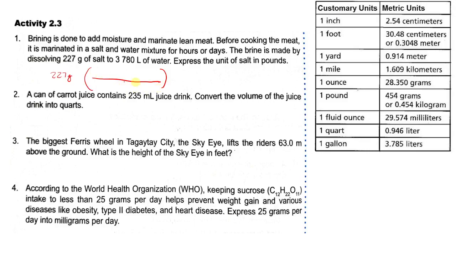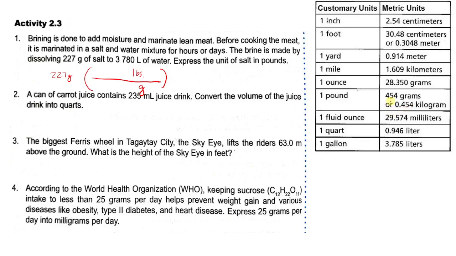Since I want to cancel grams, I'll put grams over here. Then pounds goes on top, because that's the unit I want this to be converted to. Then for the numbers, just look at the table.